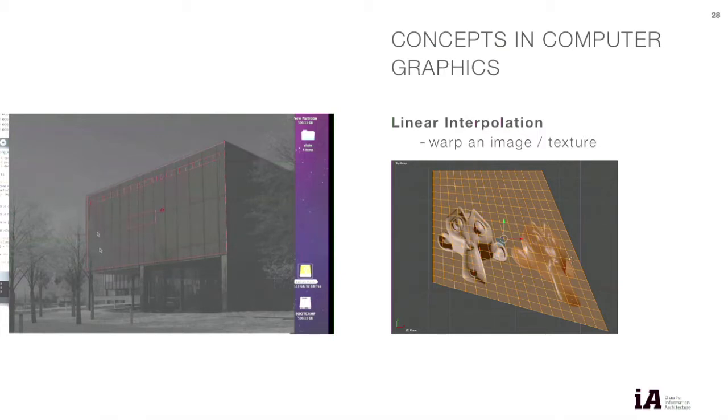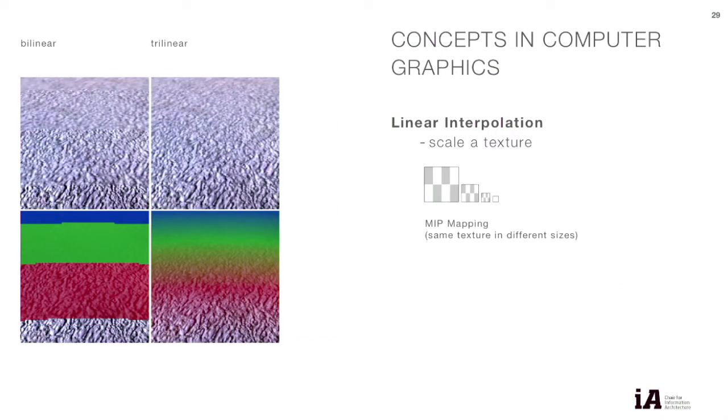And you can kind of see this here as well. If you have a texture and just scale it bilinear, you may, as we've been speaking about just before, want to reduce the size of the texture when it's far away, so you don't need so much memory in the graphics card.